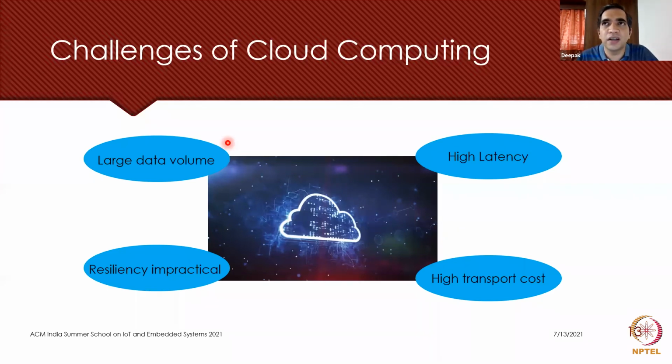One of the data points is that when cars start getting connected, and of course in lots of places cars are already fully connected, and in some places they're almost autonomous, if there is a fully autonomous car with a lot of sensors placed within it, the amount of data it generates is huge.